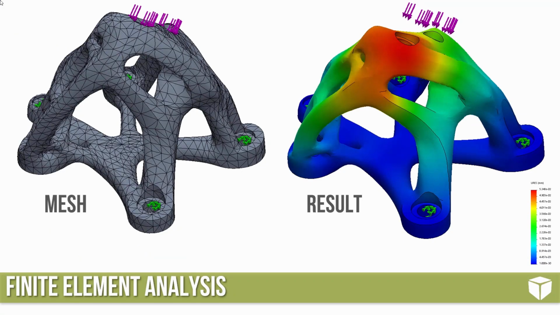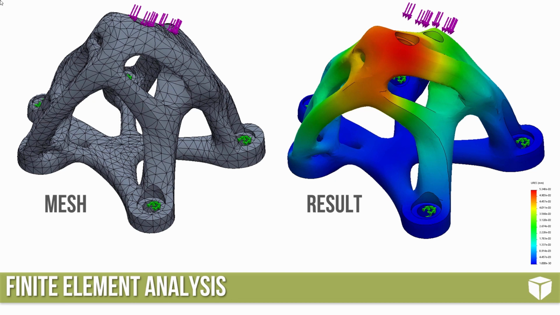So we talked about these finite elements, and I mentioned the word mesh. On the image on the left here is a 3D model that has been meshed, and what we mean is that it has been broken up into smaller three-dimensional shapes that have things called nodes, and those nodes are where the calculations are taking place. In this image, again on the left, we have some green arrows, we have some purple arrows. Those are boundary conditions.